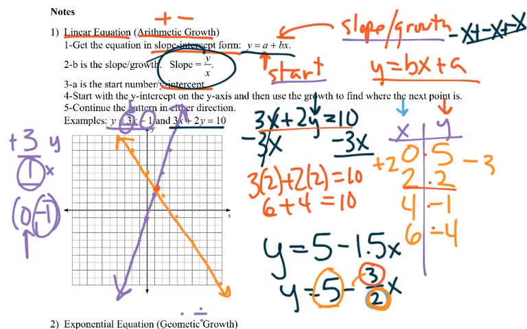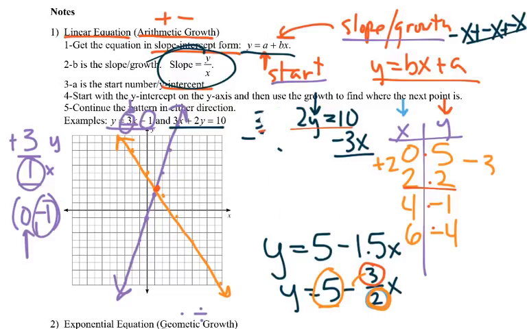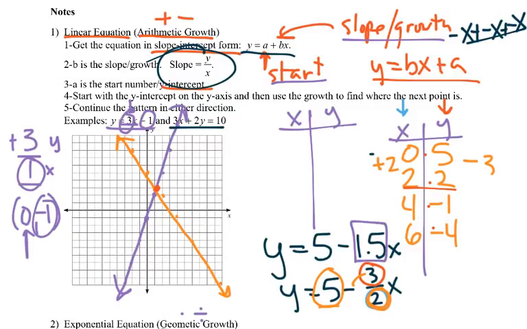Now, you may be saying, well, what if I made it 1.5x? Here's the kind of cool thing about it. You're going to get the same thing because slope is the same. So, with 1.5, it's saying, I start at 5. Because it's negative 1.5, I'd put a 1 under it if I made it a fraction.